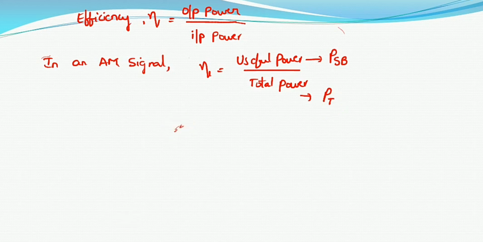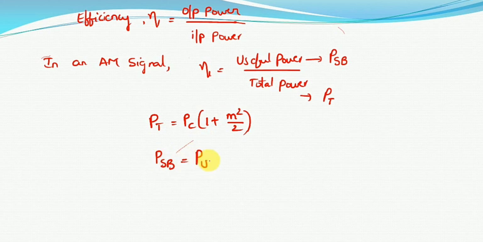Now in the previous video we have seen how to calculate the total power and the sideband power. The total power PT is nothing but PC into (1 plus m square by 2), and the sideband power is the summation of upper sideband and the lower sideband, and its value is AC square into m square by 4R.